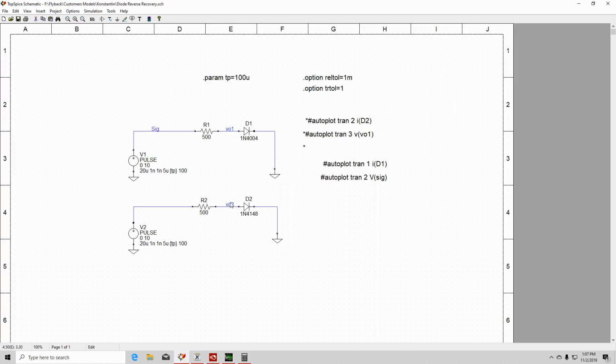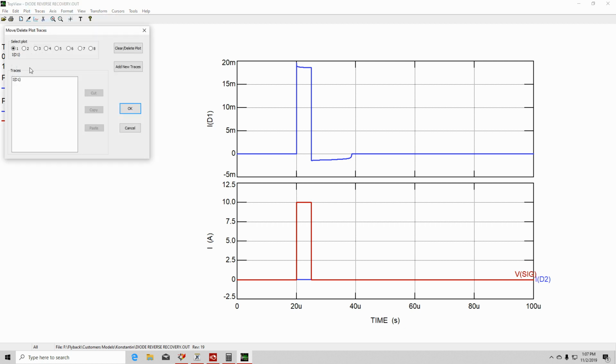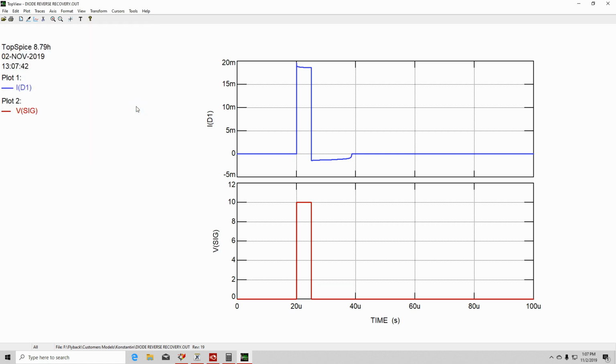Okay. So now let's plot what a fast diode does. And this would be the 1N4148. Okay, let's go ahead and move the ID to this.